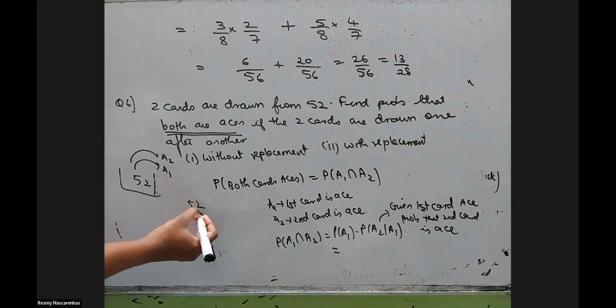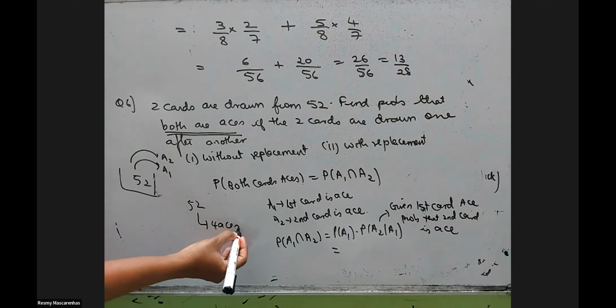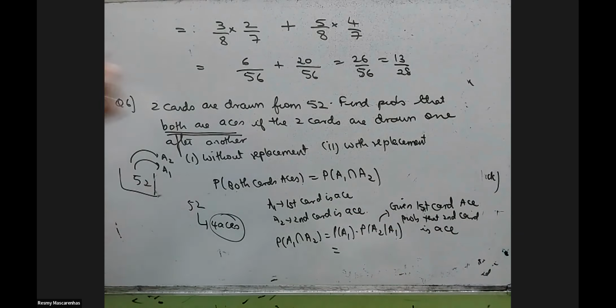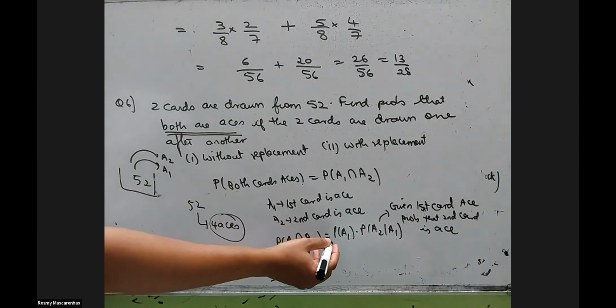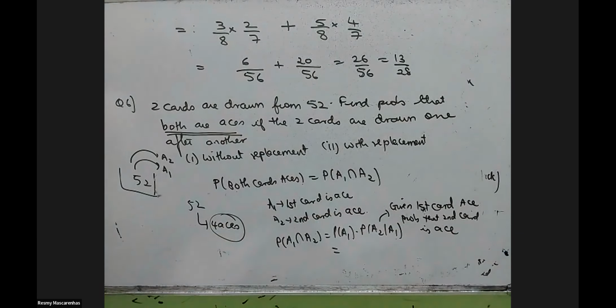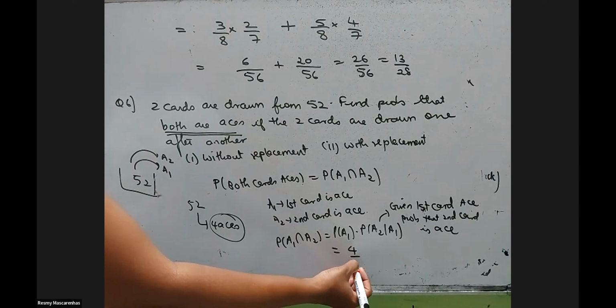Out of 52 cards, there are 4 aces. One of diamond, one of spade, one of club, and one of heart. So there are 4 options out of 52 cards.